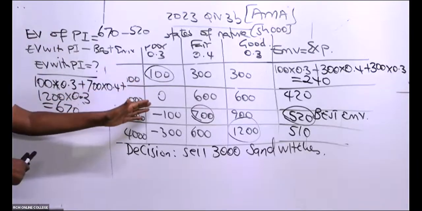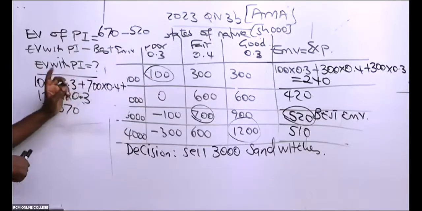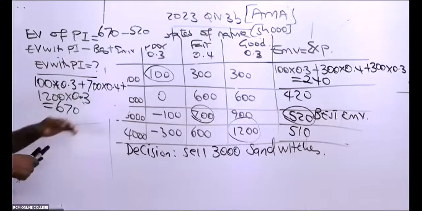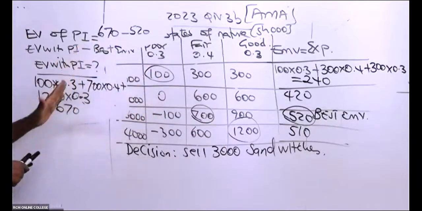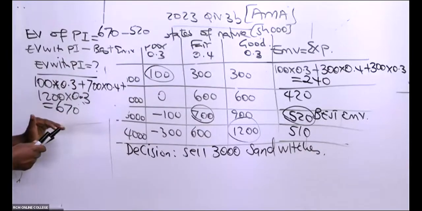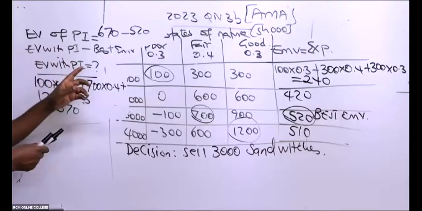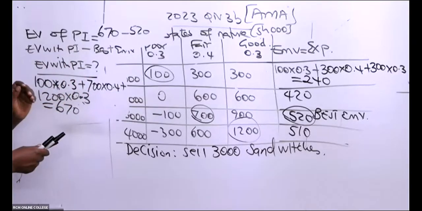Then you average it, giving us the expected value with PI, by multiplying with the probabilities and summing together, giving us 670. So 670 minus 520 gives us 150.